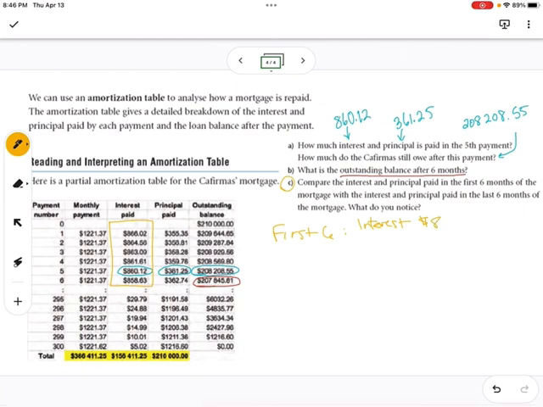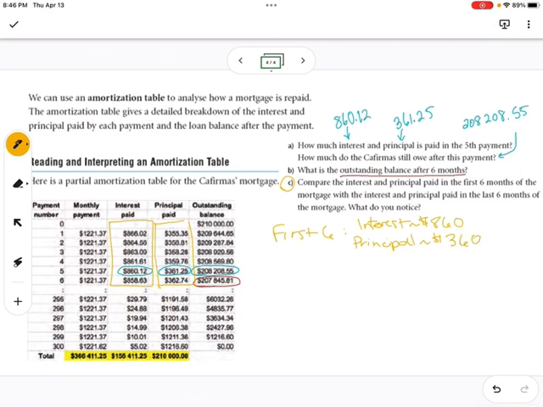Okay, so we'll say that's around the 860 mark. And our principal, looking at that is this piece here. And here we're around the $360 mark.